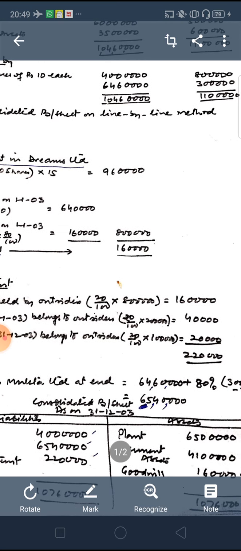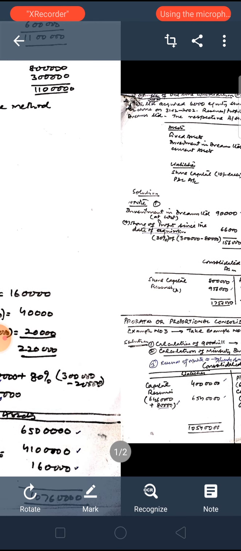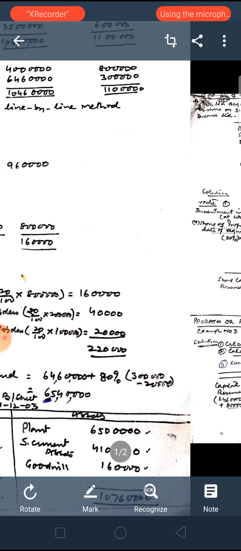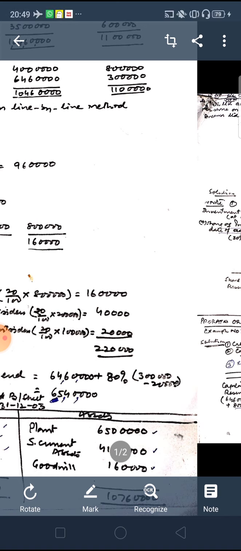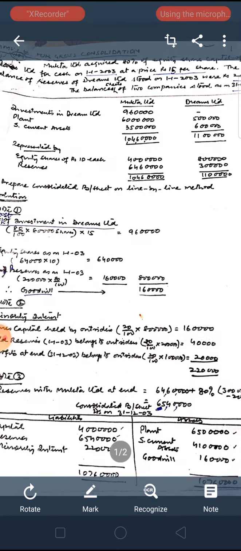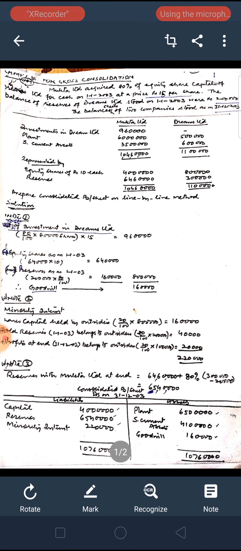So it is 64,60,000 plus 80% of (3 lakhs minus 2 lakhs), that is 80,000. The total becomes 65,40,000. I hope the information is very clear.